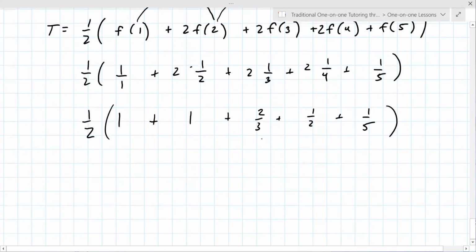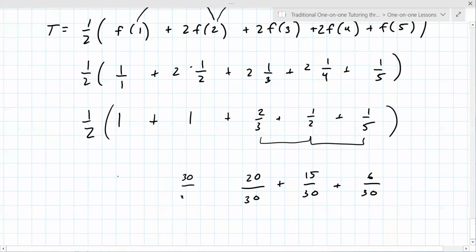I would look at these last 3 and make a common denominator that you can apply to everything. So it looks like it's 30. That becomes times 10, so 20 over 30, 15 over 30, 6.